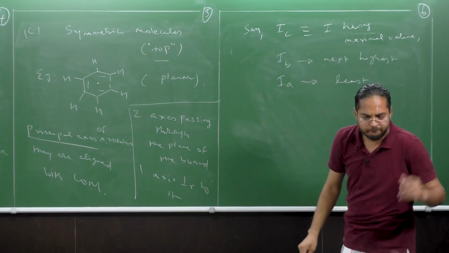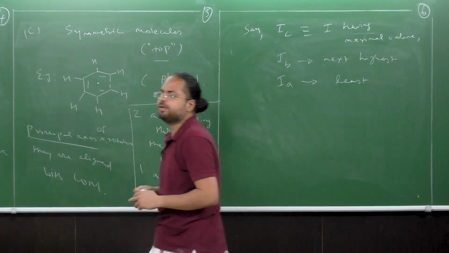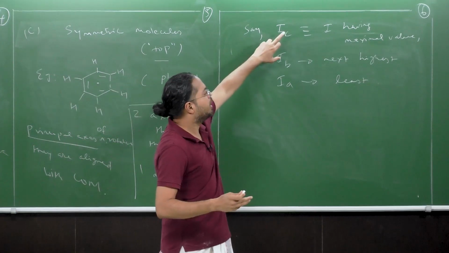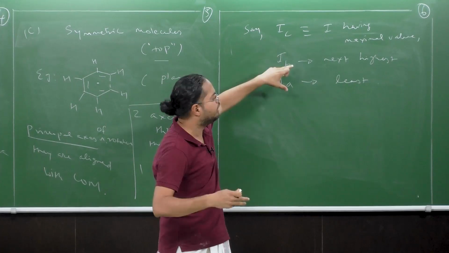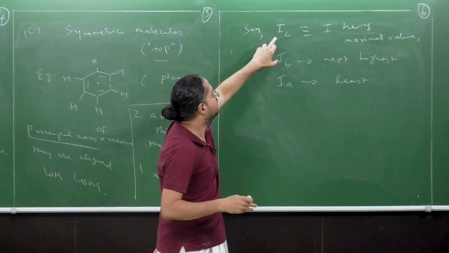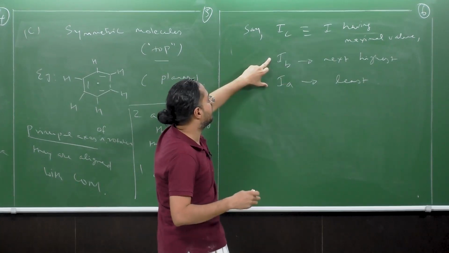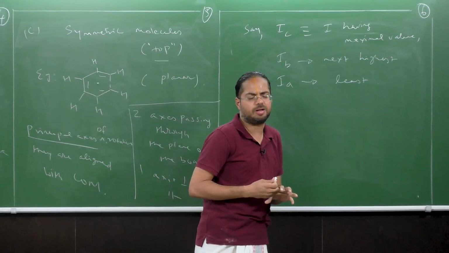Are we clear? Instead of using the phrases Ix, Iy, and Iz, I'm just defining a convention wherein I'm going to use C, B, and A, where C is the one corresponding to the maximal value of the moment of inertia, and IA and IB correspond to the lesser ones.